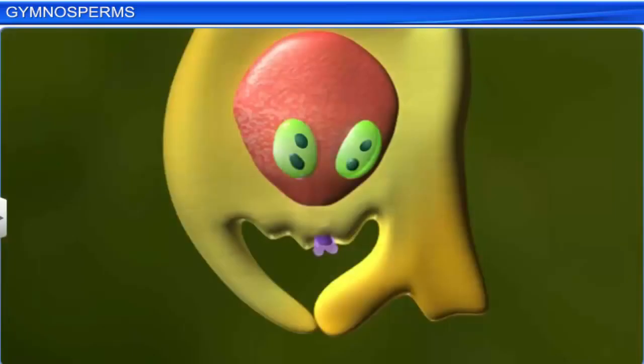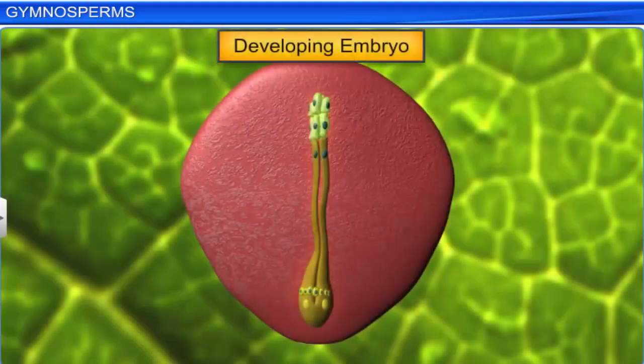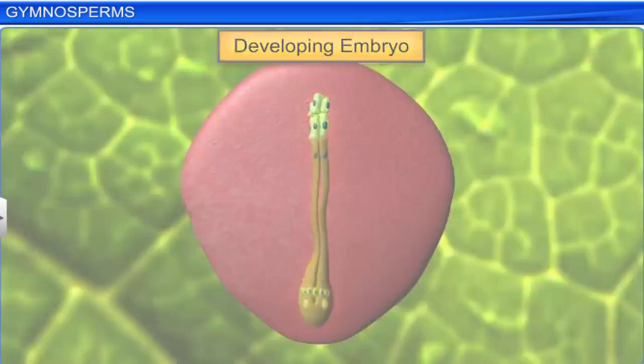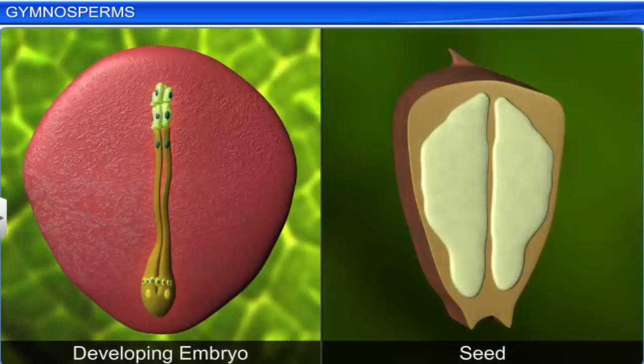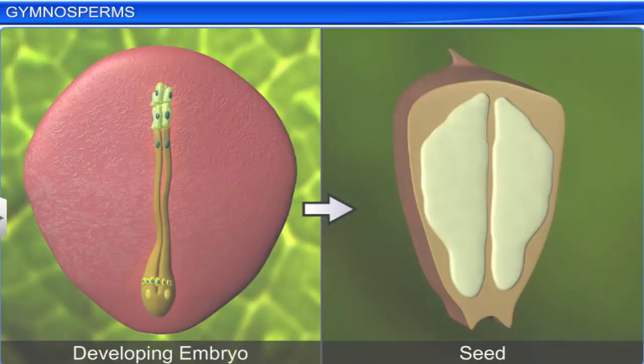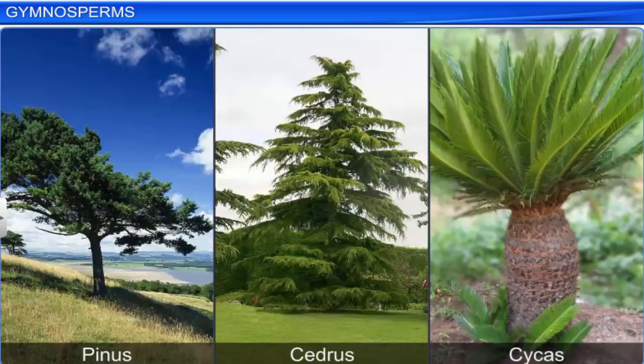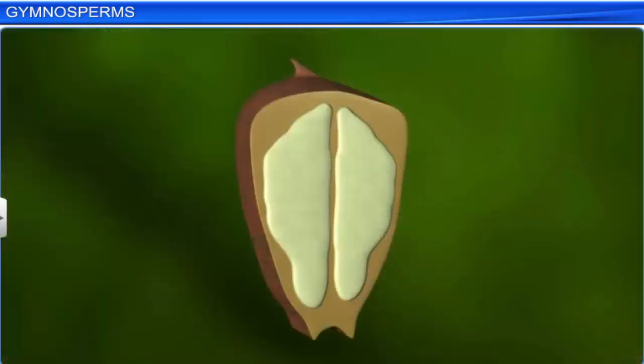A pollen tube sprouts from the pollen grain and grows towards the archegonium, where it discharges the male gametes. These gametes fuse with the egg to form a zygote. Post-fertilization, the zygote develops into an embryo and the ovule into a seed. Interestingly, gymnosperms were the first plants to have a seed habit.